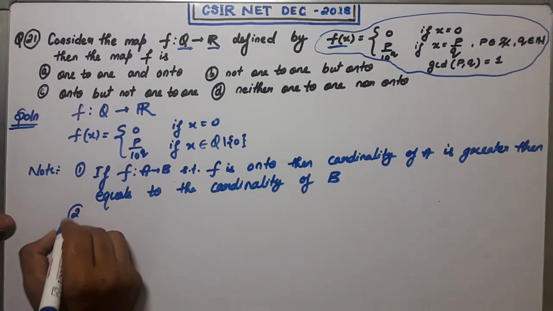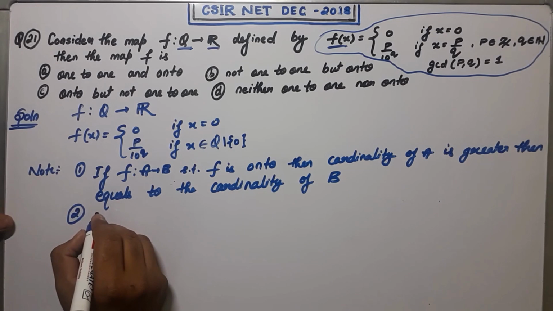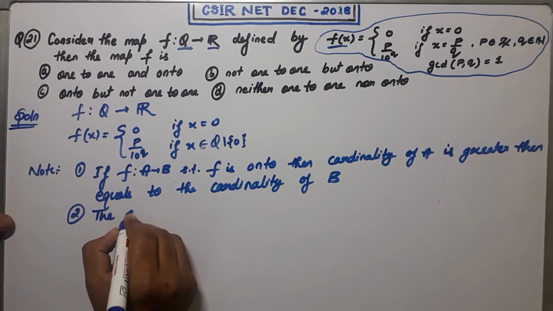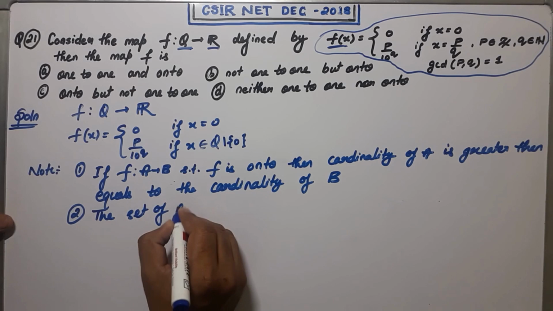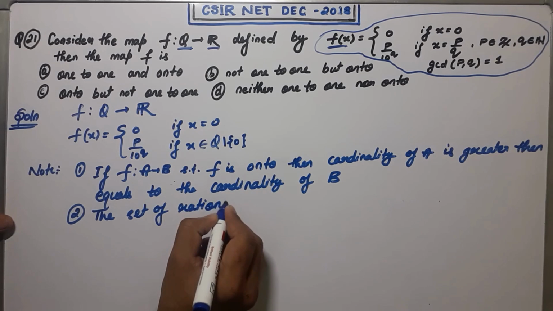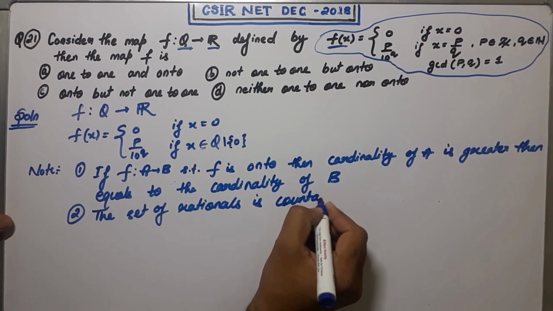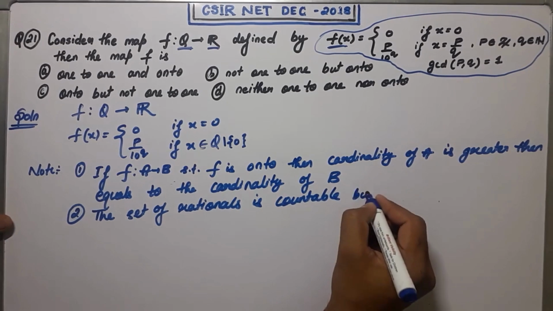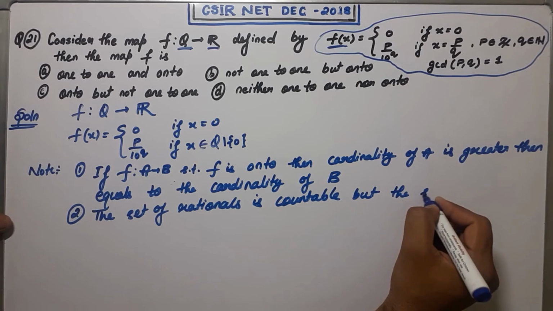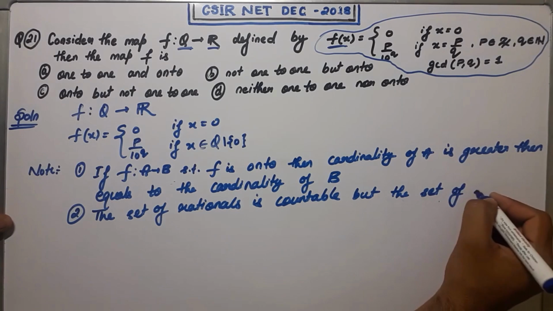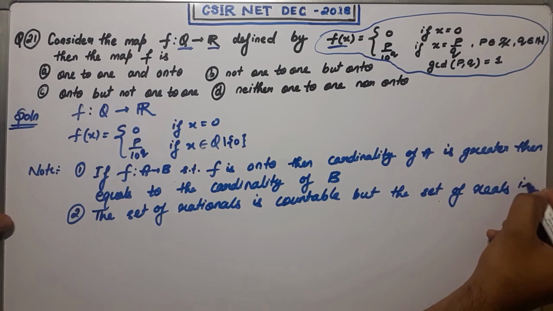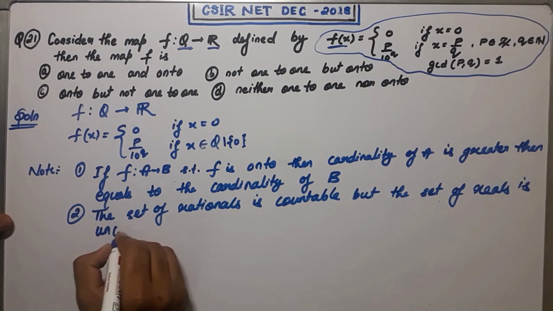Now the second note says that the set of rationals is countable, but the set of reals is uncountable.